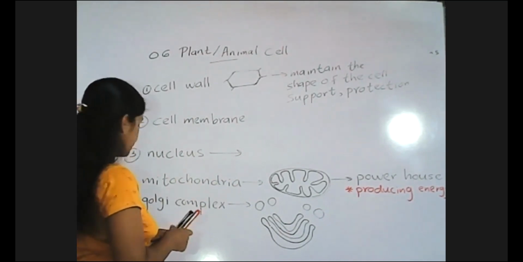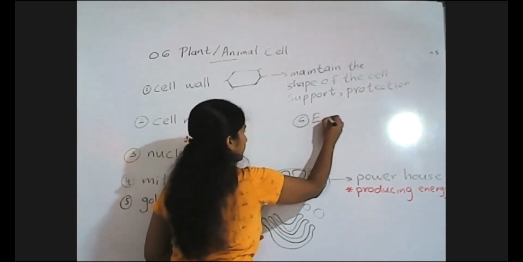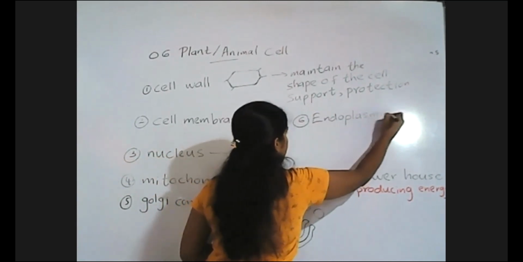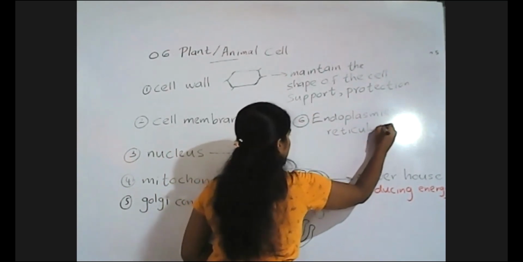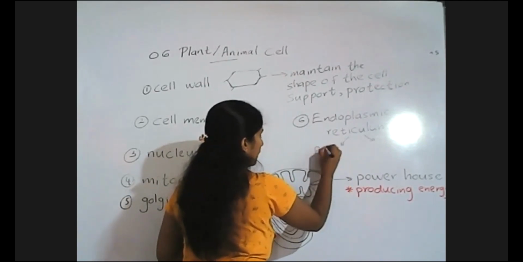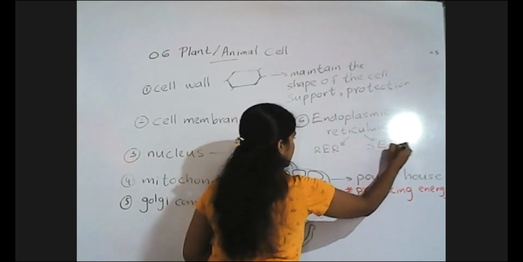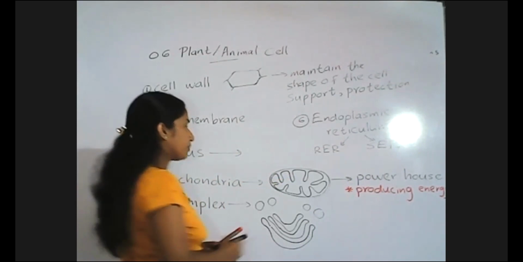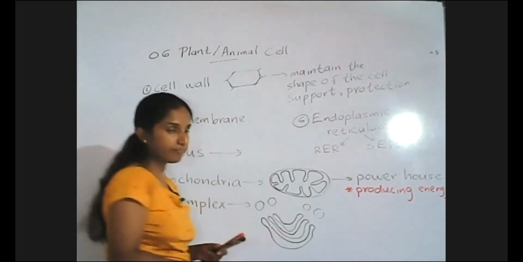Endoplasmic reticulum, I will write here as the sixth one, right? Endoplasmic reticulum in two ways, right? RER and SER. Yes, ER means endoplasmic reticulum, Pute. RER means rough endoplasmic reticulum.